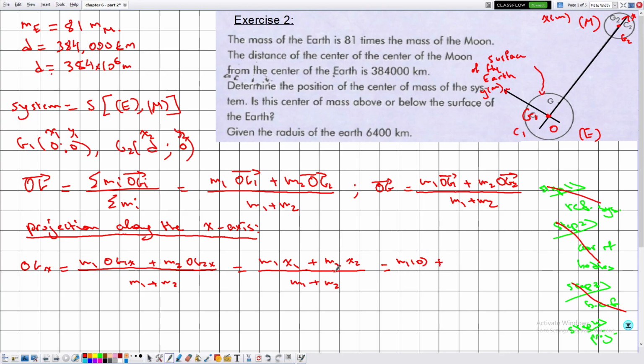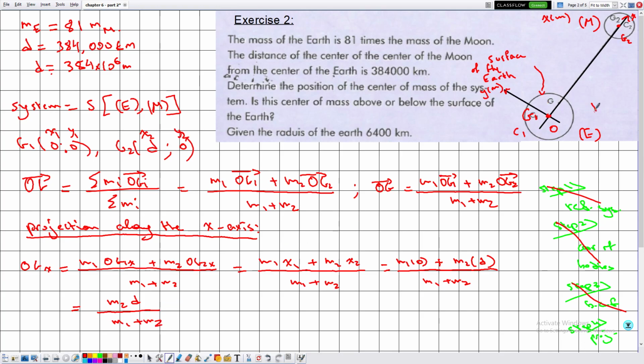The value of, so let's say that this is M2, and the value of x2 is given by D, which is equal to M2 multiplied by D divided by M1 plus M2.